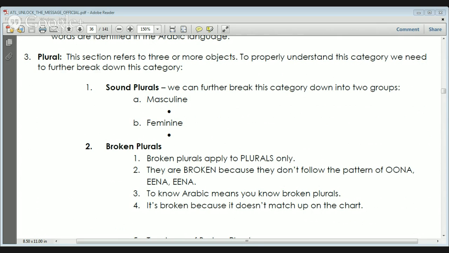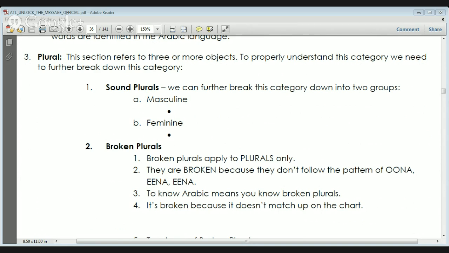Sound plural. What is a sound plural? Let's define it. Ends in either una, ina, atun, or atin. And then what do we say for masculine?